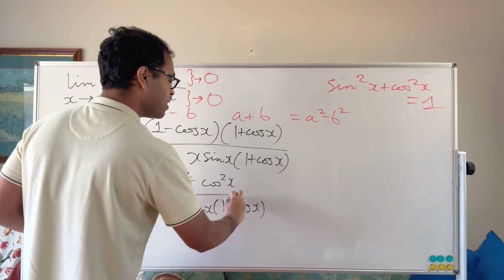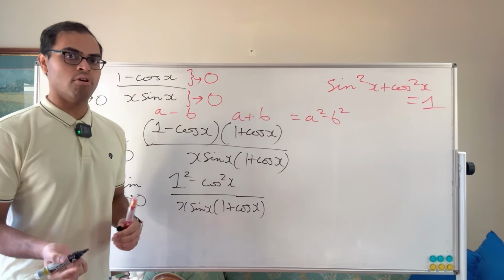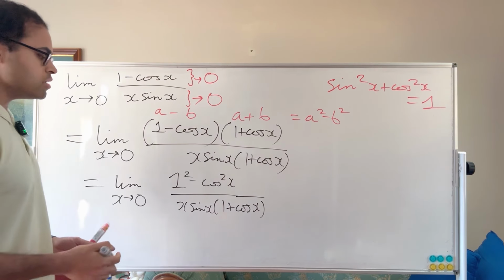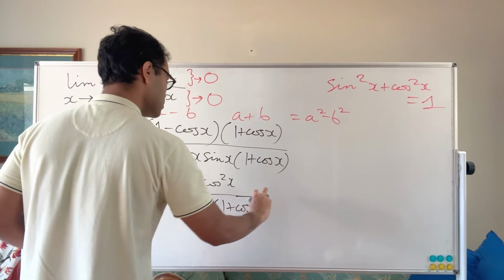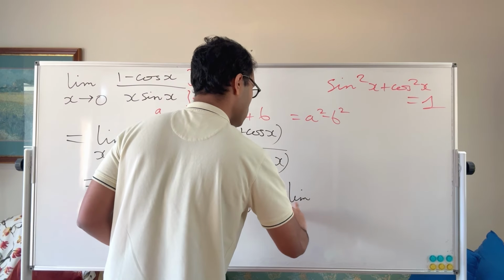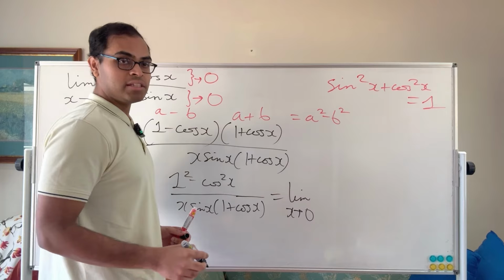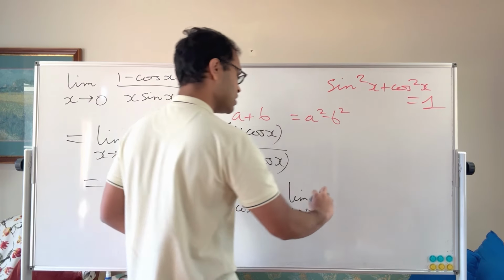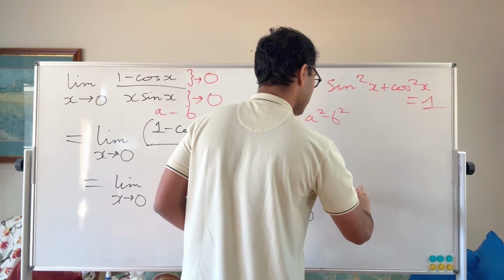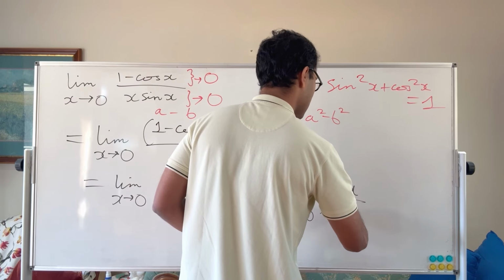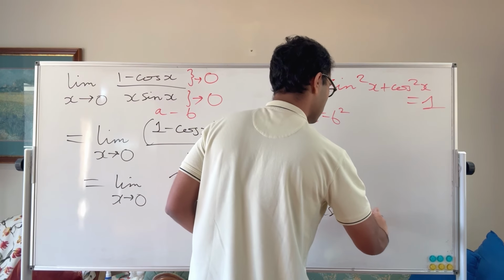Always remember, you want to multiply both top and bottom by the same quantity. Then the ratio doesn't change. So that's just going to equal the limit as x goes to 0 of, 1 minus cosine squared x is sine squared x. So we get sine squared x divided by x sine x multiplied by 1 plus cosine x.